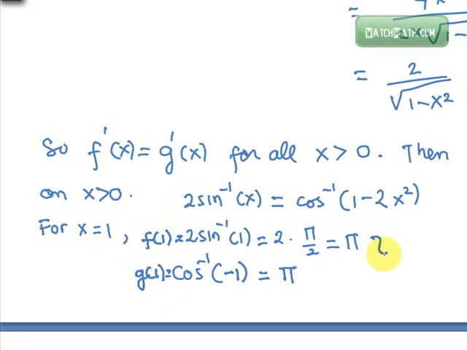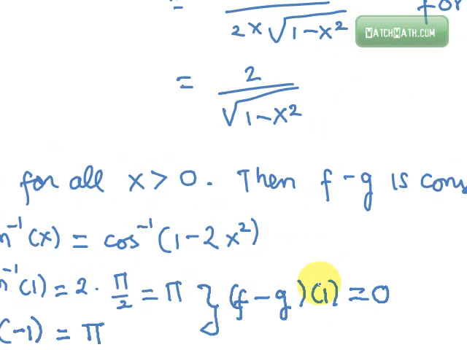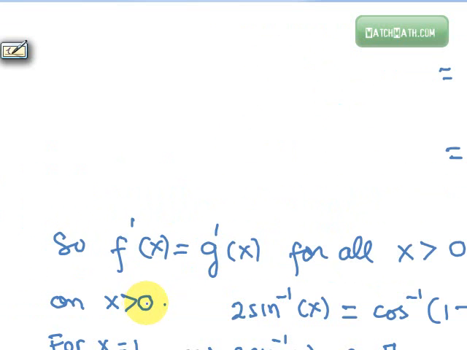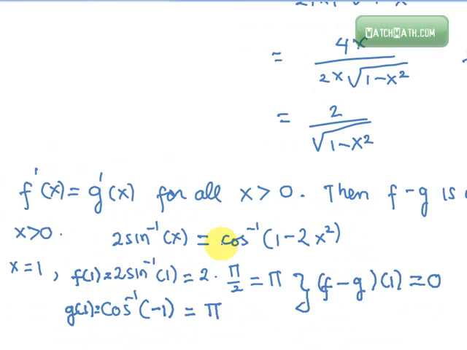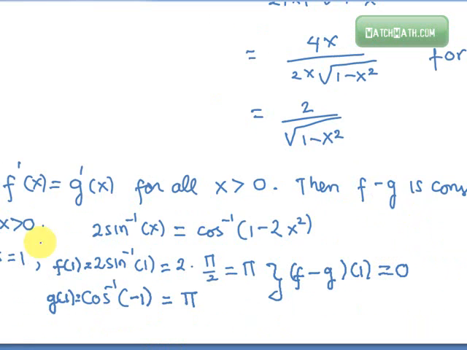So from this we know that f minus g at 1 is equal to 0. But we said before that f minus g is constant on the interval x greater than 0. So since for one particular point the value of f minus g is equal to 0, it follows that f minus g is constant and equal to 0 for all x bigger than 0.